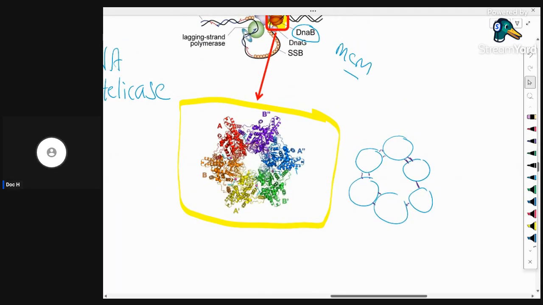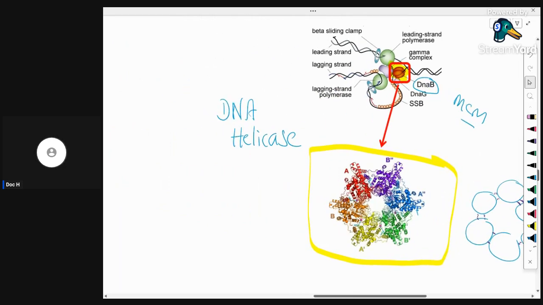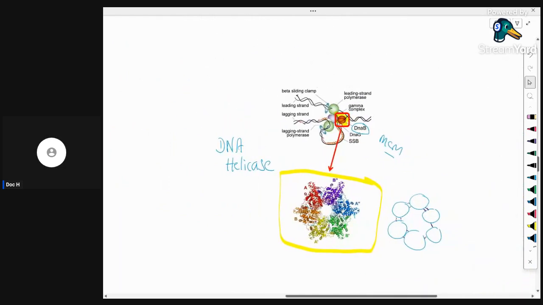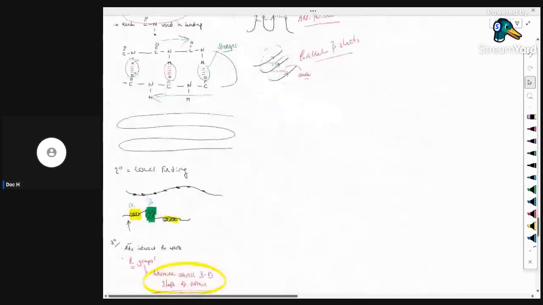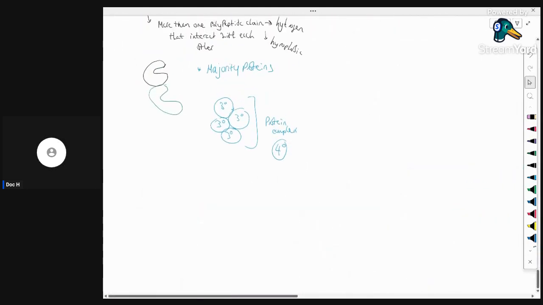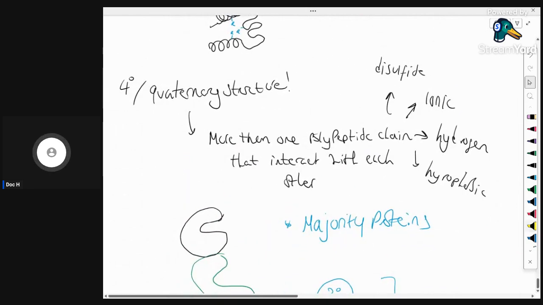So this is a big complex, lots of individual tertiary structural elements together. Okay, so this is a good example of quaternary structure. But most enzymes, most proteins actually exist in quaternary structure. Okay. The key thing is to know the definition. It's more than one polypeptide chain that interact with each other.